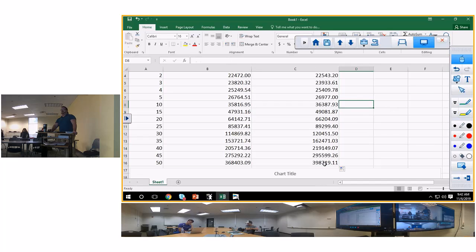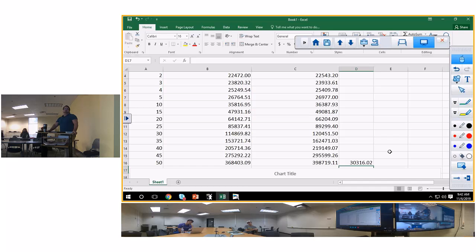So $40,000 versus what? $368,000 versus $398,000. Is that a $30,000 difference? Y'all check me. Equals this minus this. So after 50 years, you got $30,000 that you made, just by putting money in the bank.